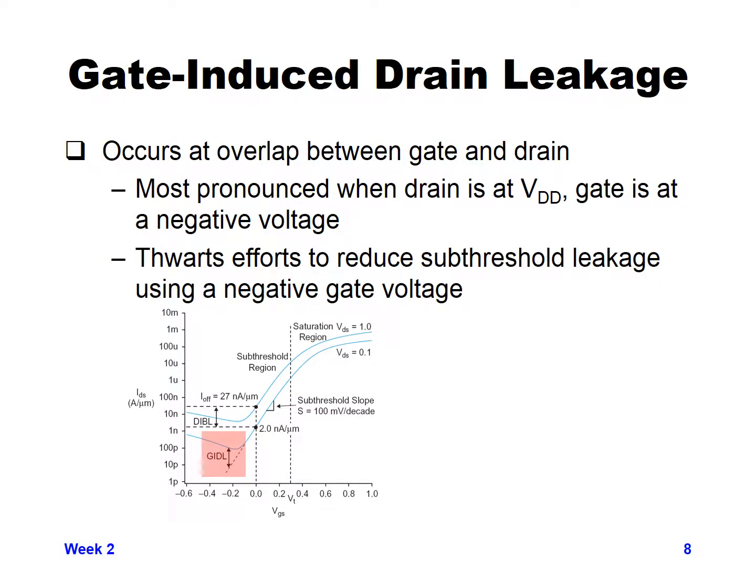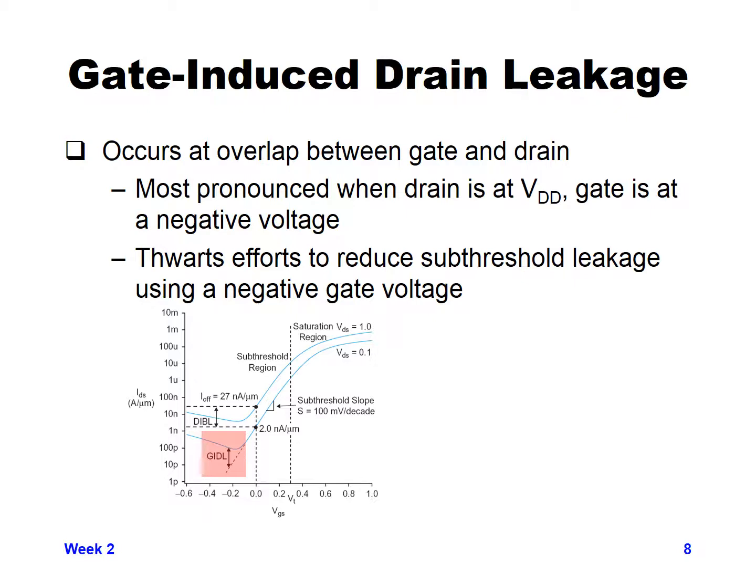And then the third junction leakage effect that I mentioned was gate-induced drain leakage. This occurs due to having overlap between your gate and your drain. As you're doing your processing, if the drain winds up going underneath the gate, which tends to happen, when you implant the N dopants into the silicon for an NMOS device, and you try to get them to activate in the silicon, you have to heat the silicon up a little bit.